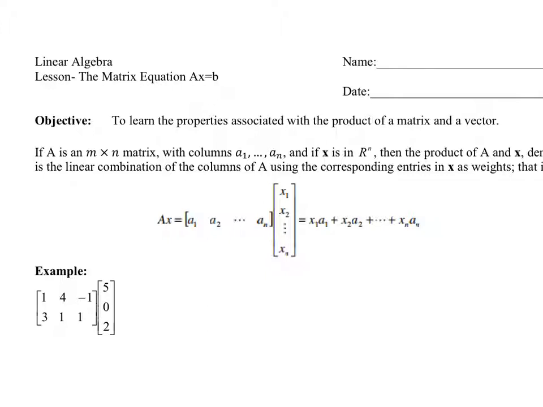Then the second entry in your row multiplied by the second entry in your column, and so on all the way down to the last entry in your row and the last entry in your column. And once you get all that, you're going to add it all up. All right? So if you know anything about a dot product, this is going to feel very similar to that. And in fact, it is the dot product.